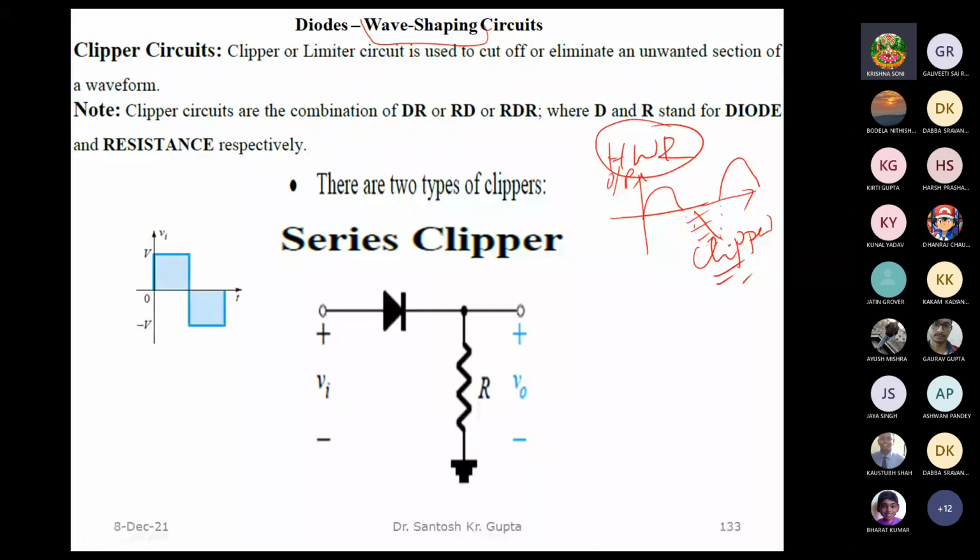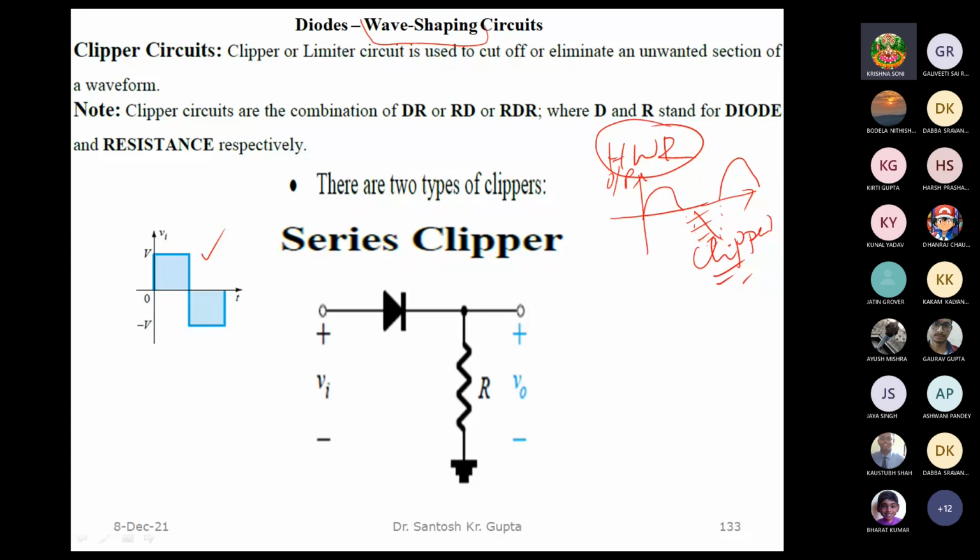If we give some input other than sinusoid, like here a square input is given, then for this particular series clipper circuit, we can have one half completely clipped off.